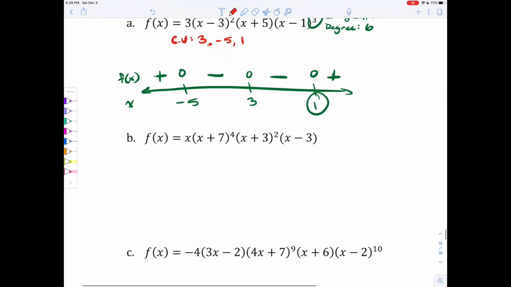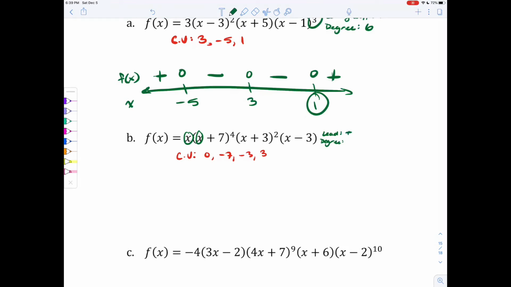We've got some critical values. Let me see, 0, -7, -3, and +3. And if I want to note the lead, this thing has a positive lead, and degree, I'm getting 1, 2, oh, that's 5.